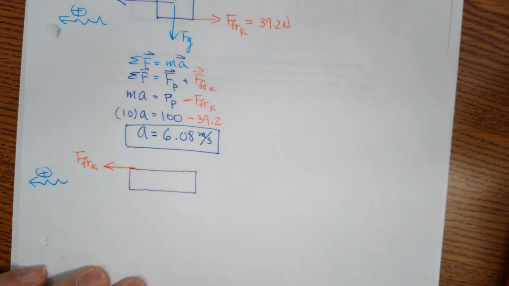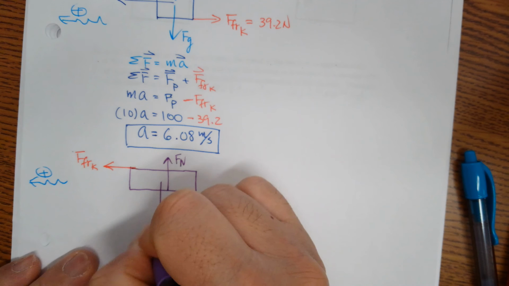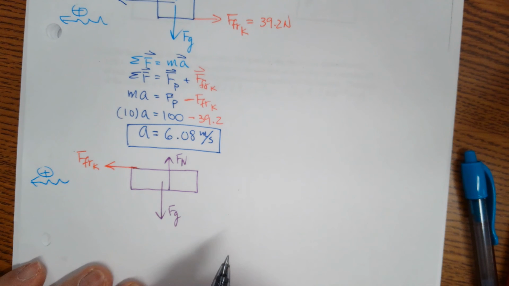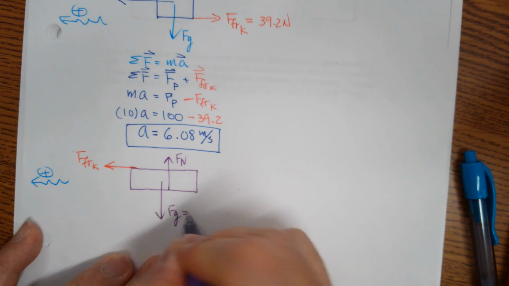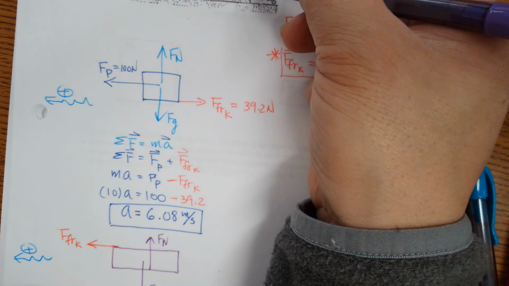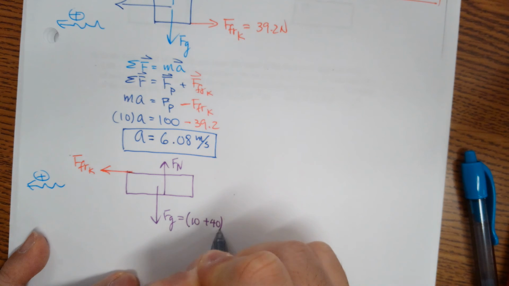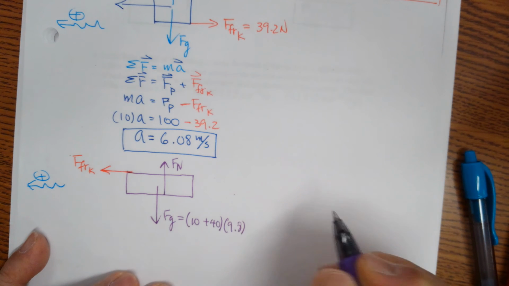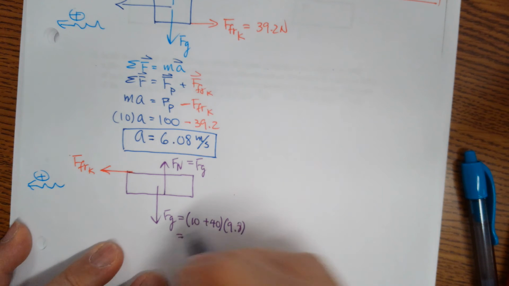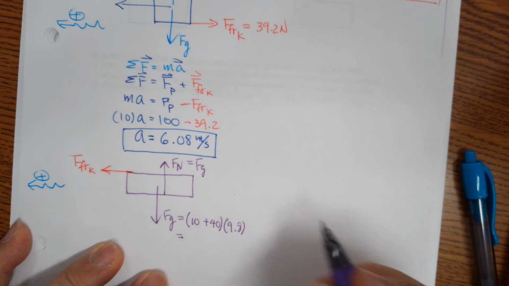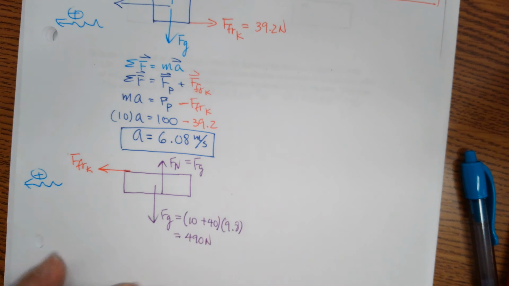So again, we have F normal going this way, and then we have FG going down. But that's about it. But this FG must include the top block as well, right? So this is 10 plus 40 times 9.8, and of course, this is the same as F normal. So here, this is 50 times 9.8, right? Is that what, 490?